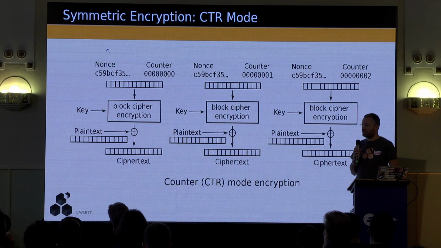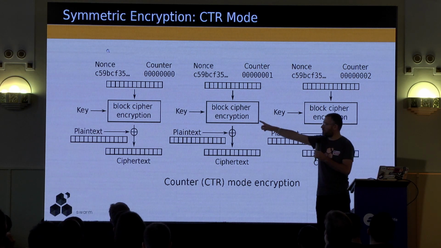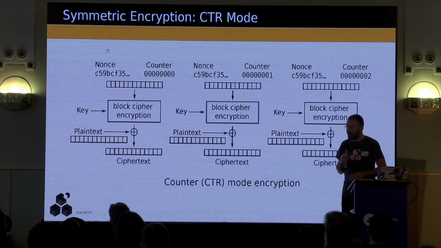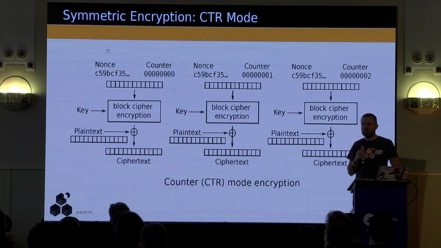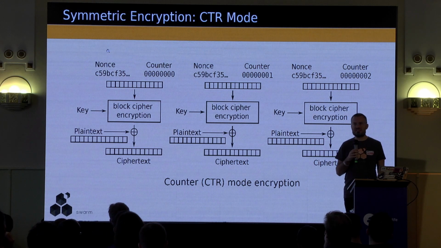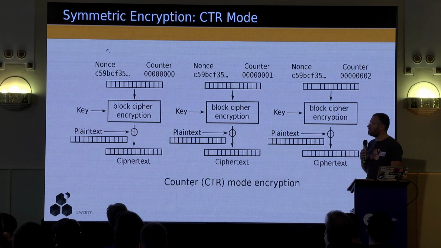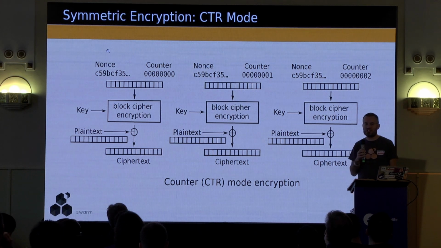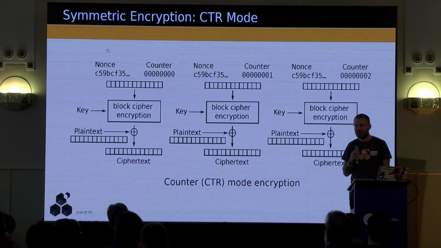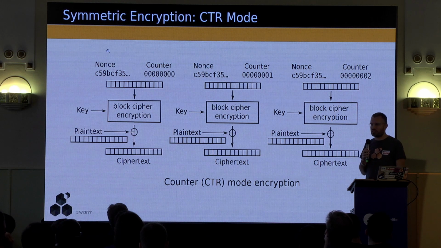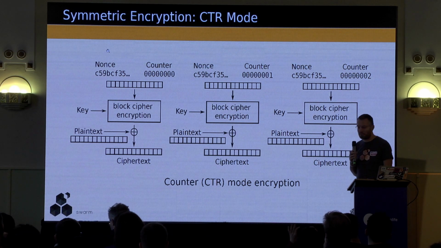But what's important to notice here is that even though it has a block cipher, it actually only uses the one-way property of the block cipher. A block cipher is essentially a one-way function with a reverse gear. But in case of CTR, we never actually switch it into reverse, which means that any hash function would do just as well. You don't actually need a block cipher in that place.